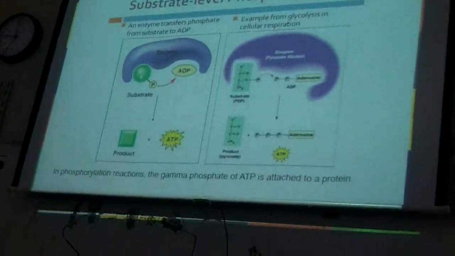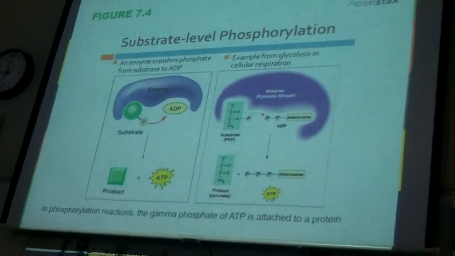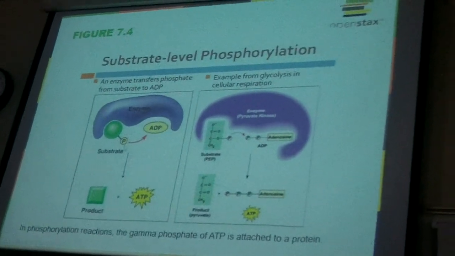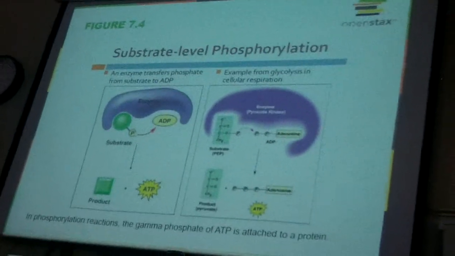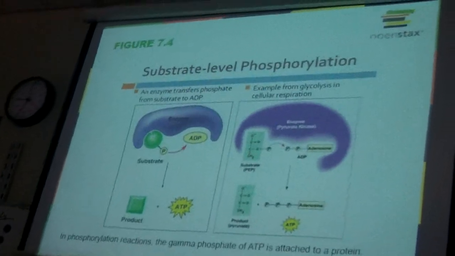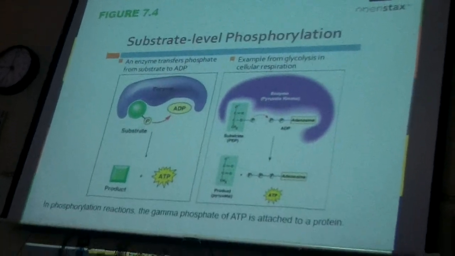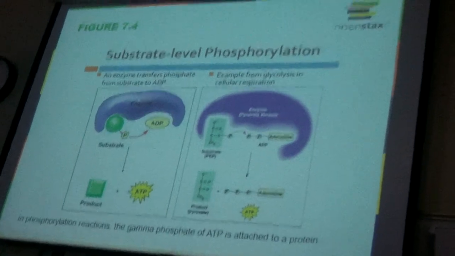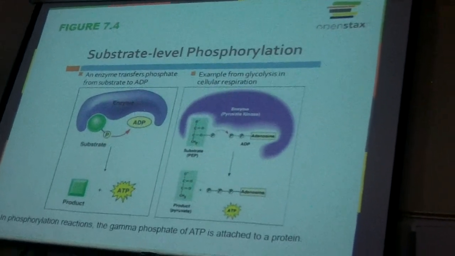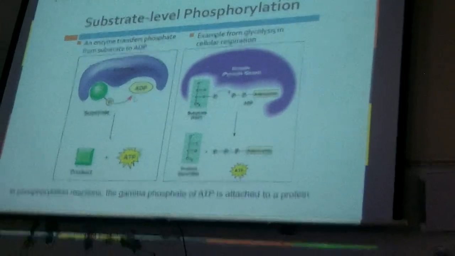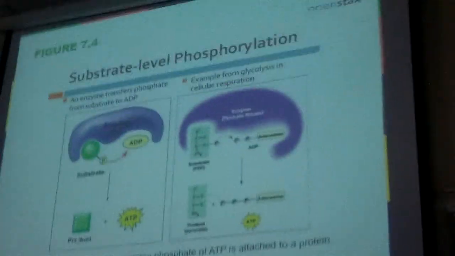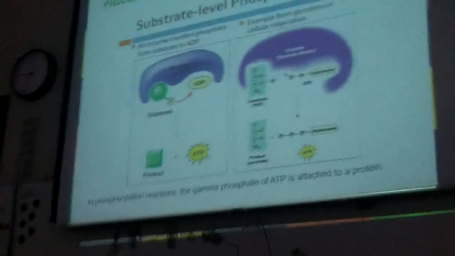Here's your substrate that has a phosphate on it. This could be a protein with a phosphate on it. It could be something else that has a phosphate on it. Maybe it's a lipid, a fat that has a phosphate hanging off of it. It can attach to this enzyme. The ADP attaches here. The substrate with the phosphate attaches here, and then the phosphate gets transferred to the ADP to make some product, and we've made ATP. We call that substrate level phosphorylation.